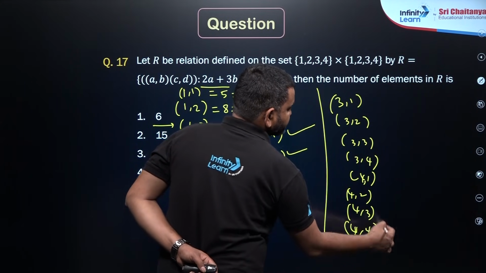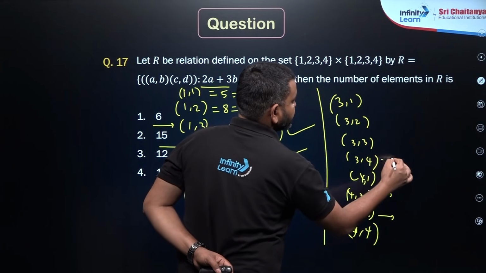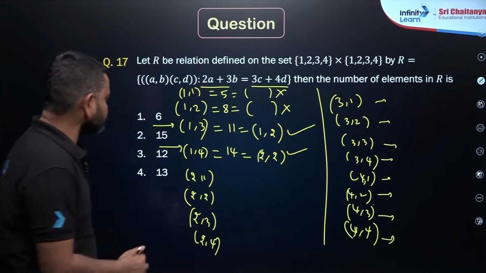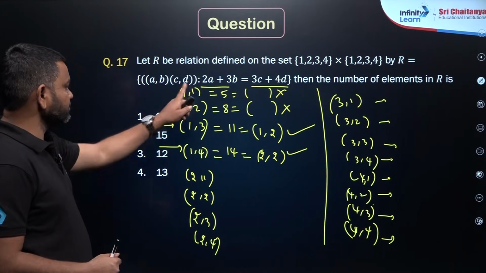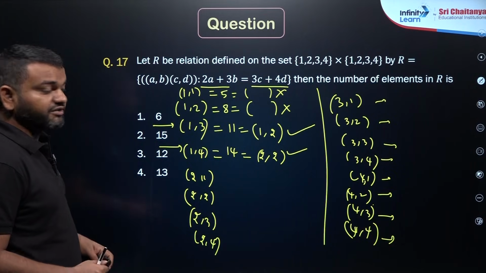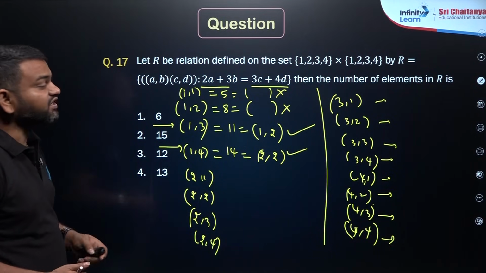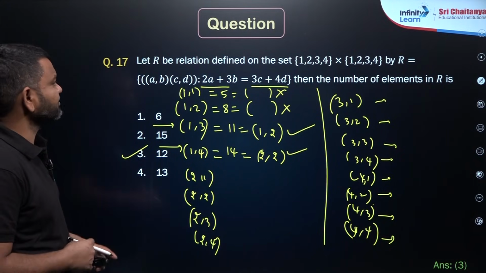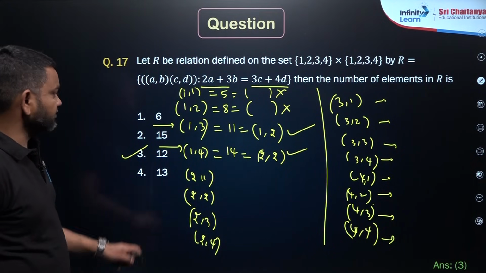All these values if you solve, you are going to see how many such sets satisfy. It is going to be less than 16. 2 I already disqualified, so 15 is not your answer. Check from the remaining 3 options. One of them will be your answer, and that needs to be equal to 12. So 12 will be your answer for this question. Alright, next.